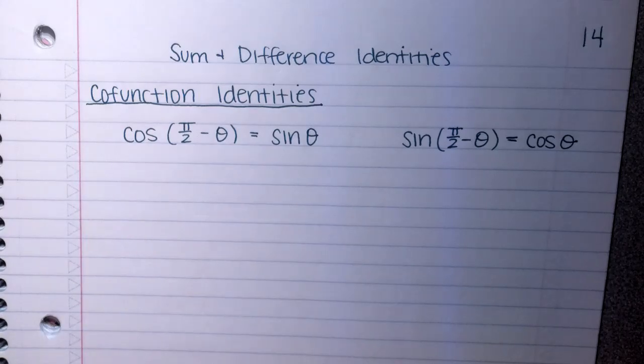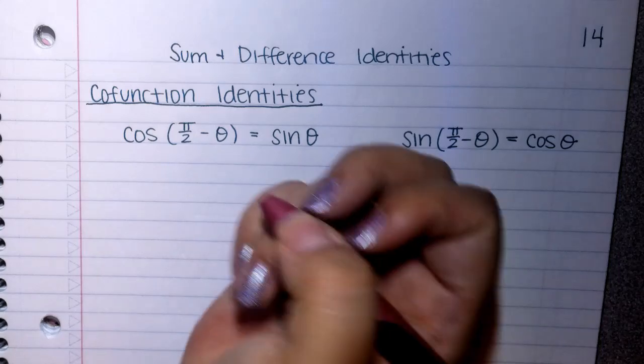For instance, I want you to think of the unit circle. What's the cosine of 30 degrees? Root 3 over 2. Does everybody agree the cosine of 30 degrees is root 3 over 2? What is 90 minus 30? What is the sine of 60 degrees? So, same thing. Let me write that down.